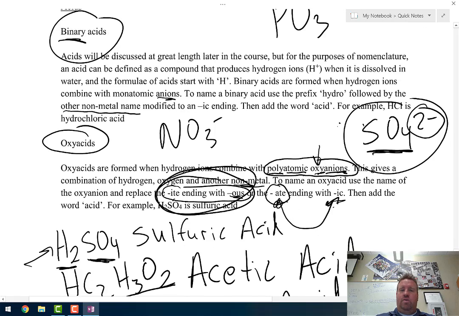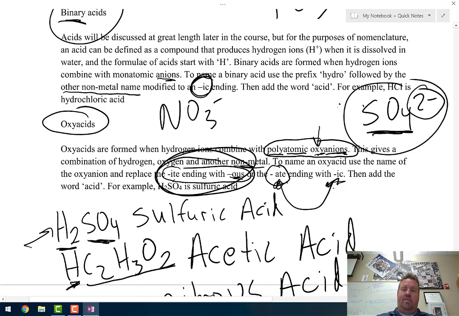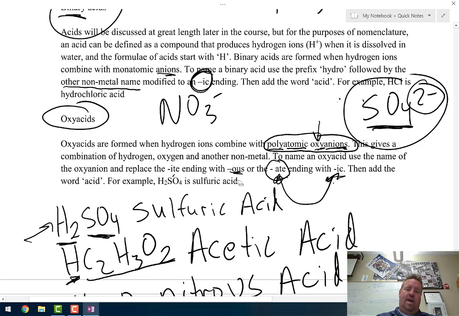So again, just a quick review here with acids. There's two different types. There's binary and oxy. Binary always start with hydro and always end in IC. And again, it's just hydrogen with one other element, not oxygen. Okay? And then you have your oxyacids, where you can have two different scenarios.